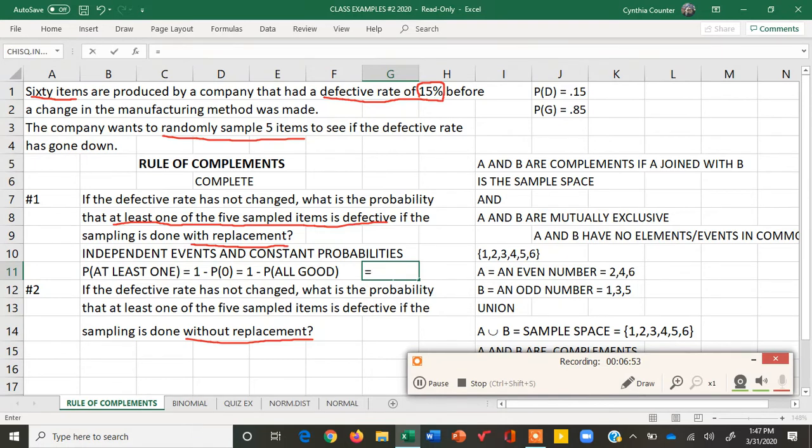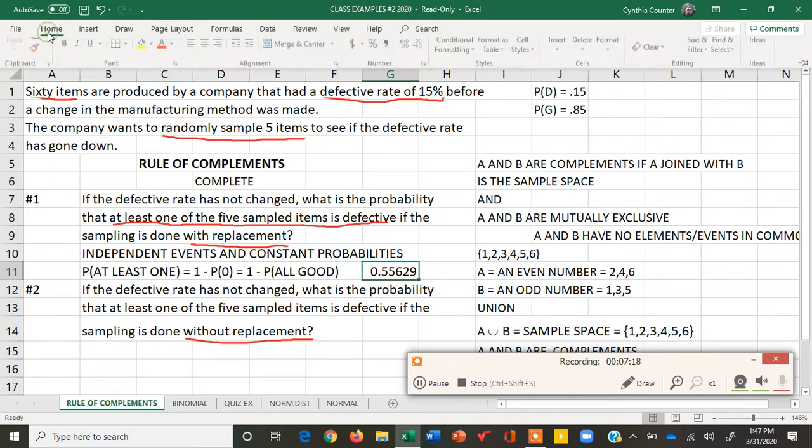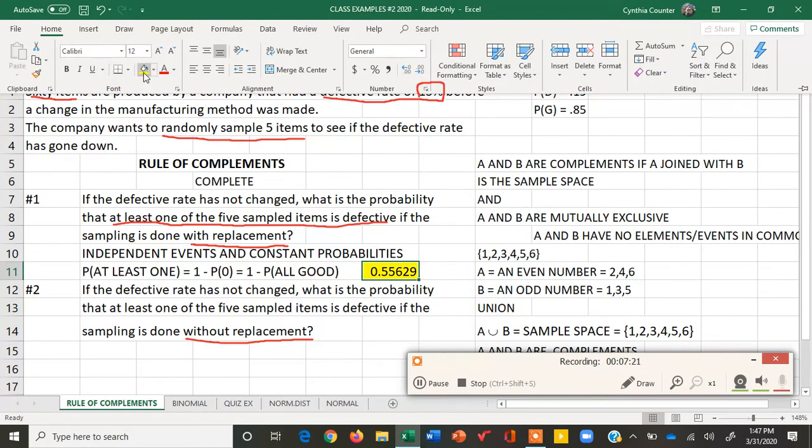So that equals 1 minus the probability that the first one is good is 0.85, as well as the probability of the second, third, fourth, and fifth. So we have 0.85 multiplied by itself 5 times, or raised to the 5th power. So we get a probability that at least 1 is defective as 0.55629 when we are sampling with replacement.